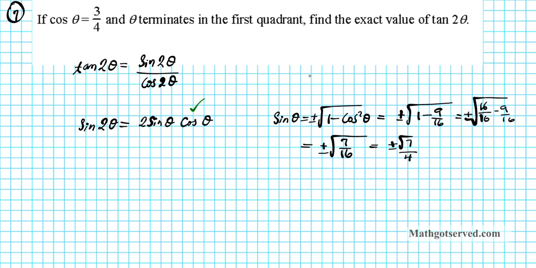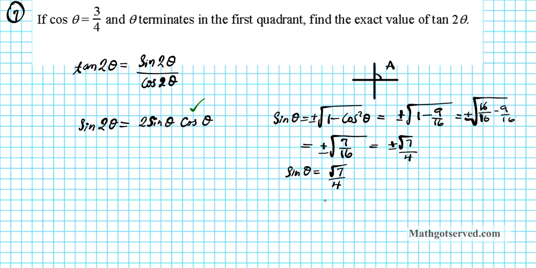Well, since theta terminates in the first quadrant, what does that tell me about the sign of sine? We'll make our nice little quadrants right here, coordinate system. And we know this is where theta resides, and this is where A is. A means all six trig functions are positive. So we can conclude that sine theta is equal to positive root 7/4.